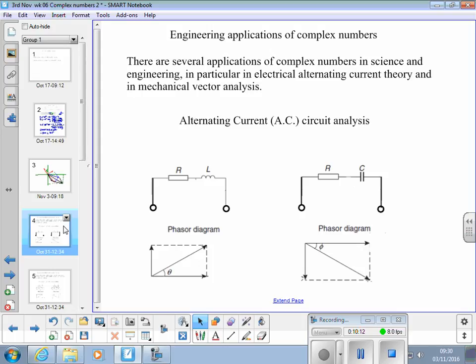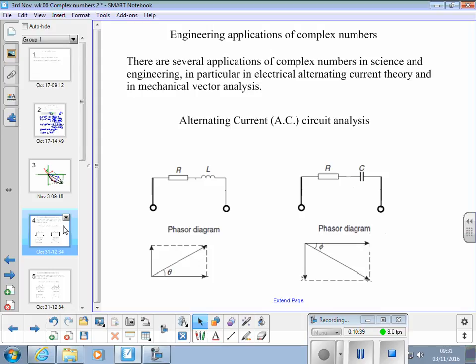So in alternating current theory, we can have two basic series circuits. An RL series circuit, a resistor and an inductor. You should bear in mind that these situations only crop up if the applied current is an AC current with change in direction. So this theory does not apply to DC circuits with batteries in them. Okay?